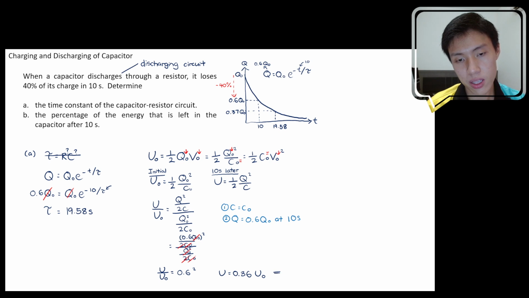What does it mean? The percentage of energy left in the capacitor after 10 seconds is only 36%.